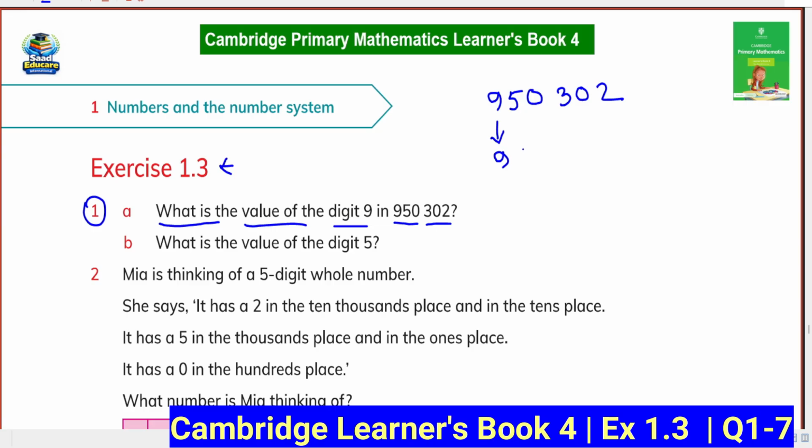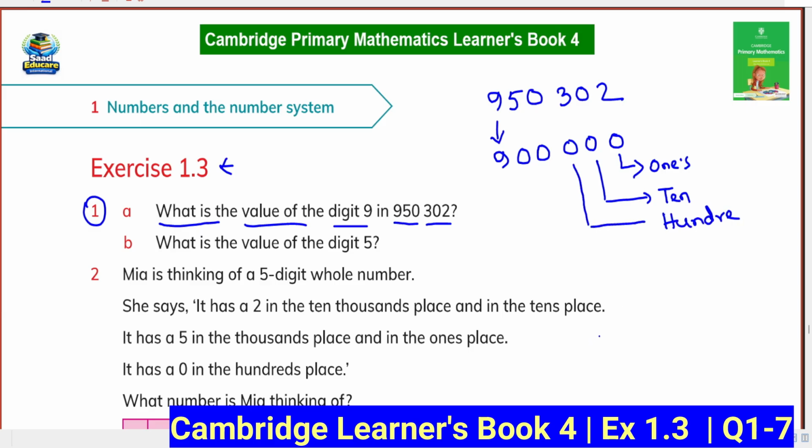We can consider the zeros here. What is the name of the first or unit digit? It's the ones digit, right? This one is the tens, this is the hundreds, and this is the thousands, right?